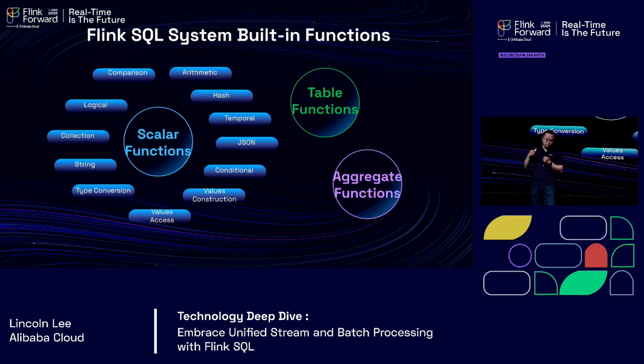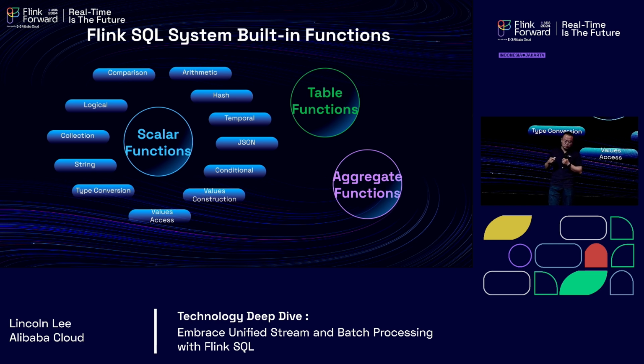Besides the built-in operators, we have various built-in functions. We can divide them into 3 categories: the scalar functions, the table functions, and the aggregate functions. They are common in Flink SQL.